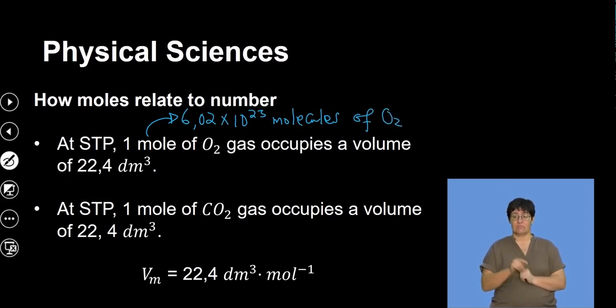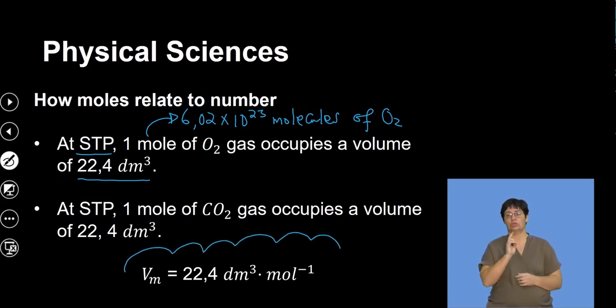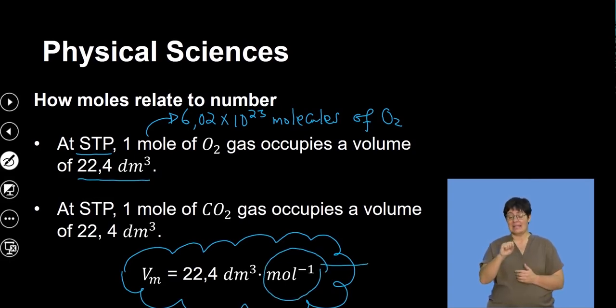That's the number of molecules present in 1 mole. What's the volume that it will occupy? To qualify this, it must be at standard temperature and pressure. That volume is 22,4. Hence, the molar volume at STP is the volume occupied per mole.